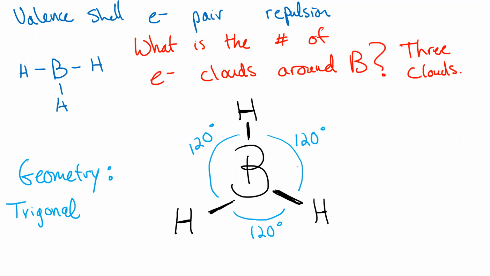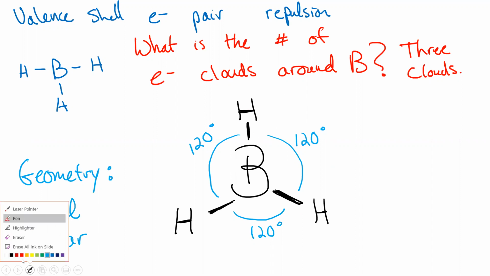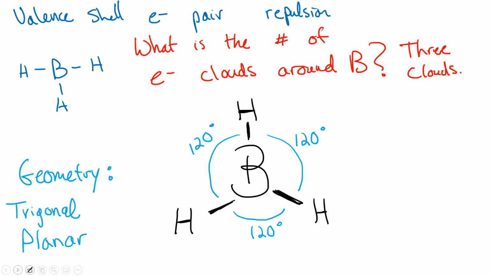And because they are all in the same plane, because it's a flat surface lying in a plane, this is called trigonal planar. So the geometry of this shape is trigonal planar. Now, what would be the next option of what we would like to do here? That is the first shape we've come up with. What's next?